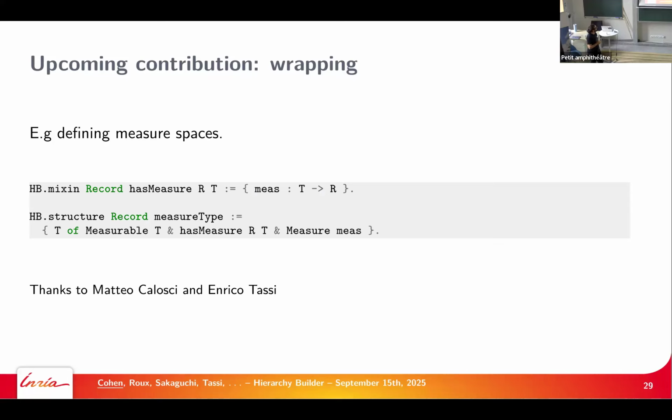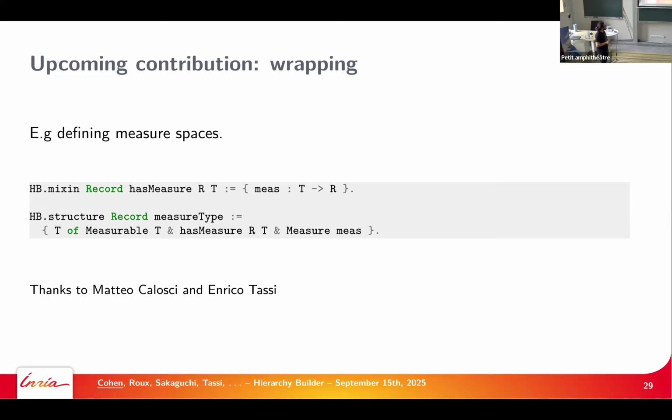The way we will be able to implement a measure space is by saying that I have a type T, which I bundle with the measurable space structure I introduced before. It needs to have a measure operator, but it's just one operator. And then this operator is a measure.